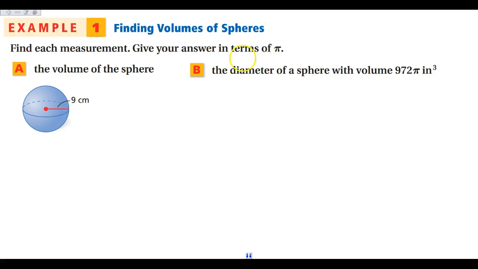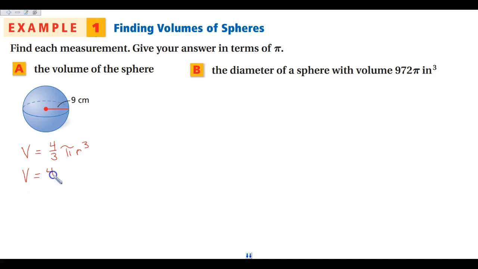Okay. So we want to start by finding the measurements and giving our answers in terms of pi. So for part A here, we're going to be looking at finding just the volume of the sphere. So my volume formula is that volume is 4/3 pi r cubed. My radius here is 9.